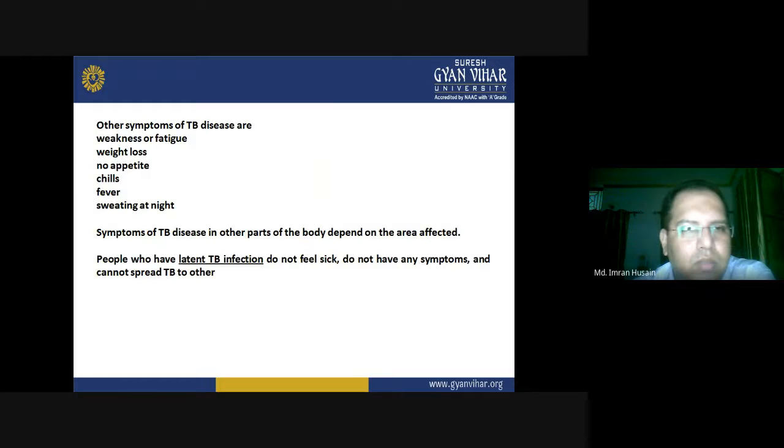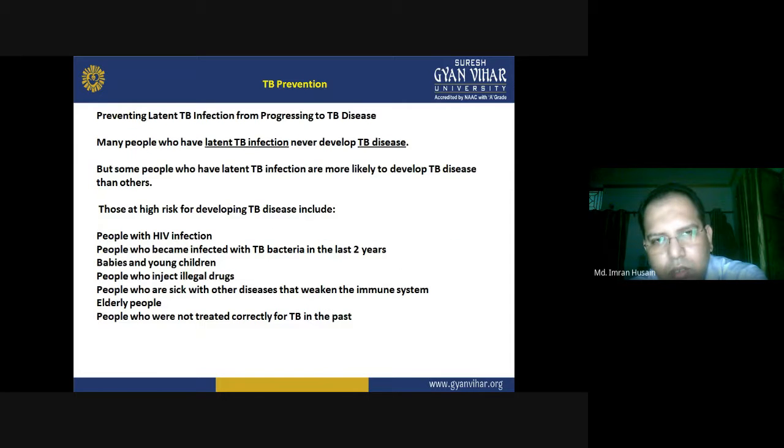Other symptoms of TB disease are weakness or fatigue, weight loss, no appetite, chills, fever, and sweating at night. Symptoms of TB disease in other parts of the body depend on the area affected. People who have latent TB infection do not feel sick, do not have symptoms, and cannot spread TB to others.